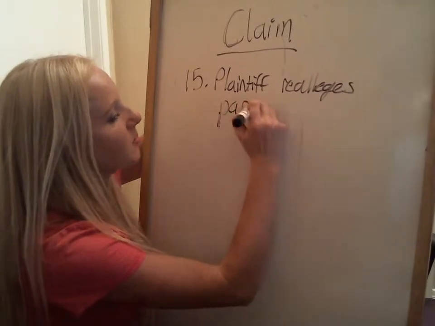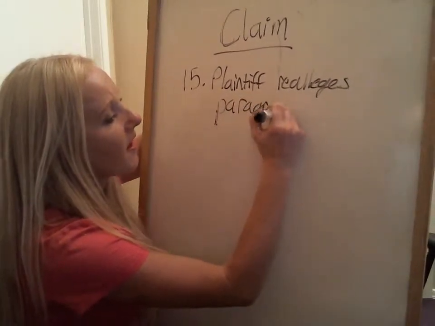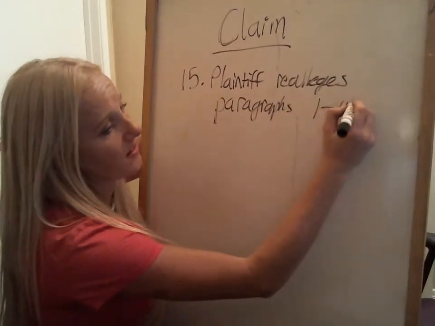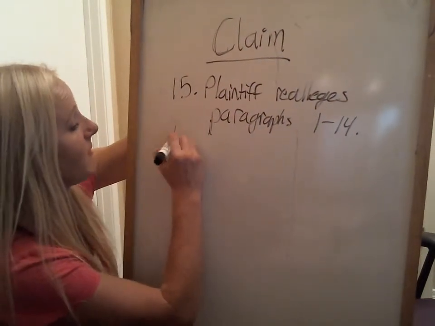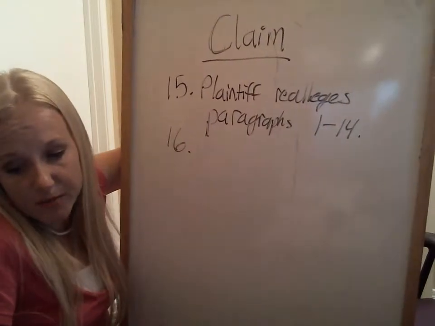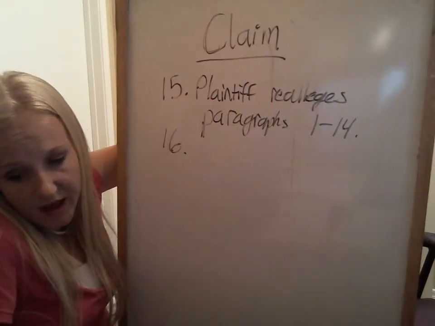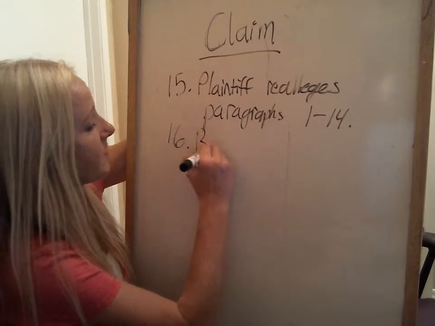So we just label them as paragraphs, 1 through 14, because here we're on 15. So you're saying this is all part of that claim that we included above, and then you're going to include by doing the acts above.